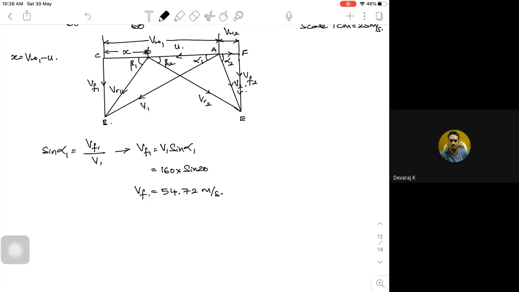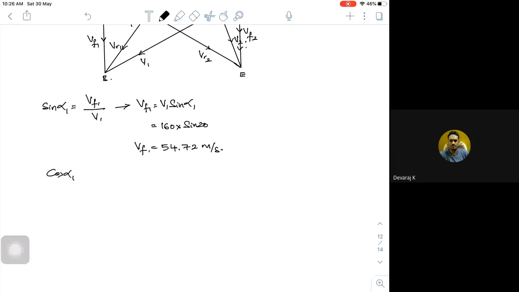Similarly, I can take cos alpha 1 is equal to Vw1 by V1, or Vw1 is equal to V1 cos alpha 1, or 160 into cos 20. If I do that, I'll be getting my Vw1 as 150.35 meters per second. I got my Vw1.